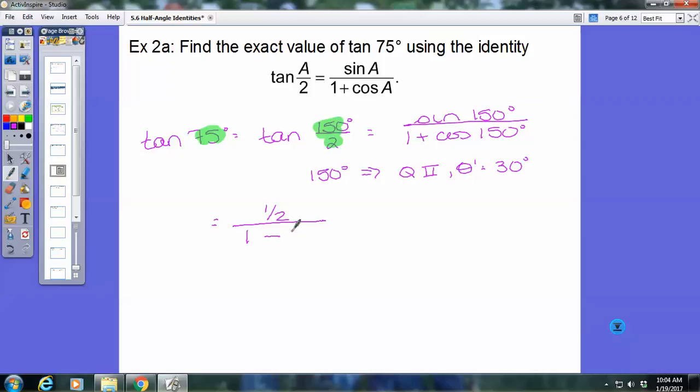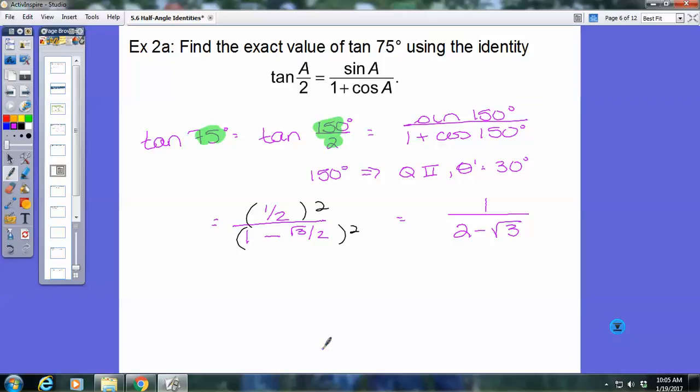Cosine of 30? Take everything times 2 to get rid of the fraction. So 1/2 times 2 would be 1 over 2 minus radical 3.